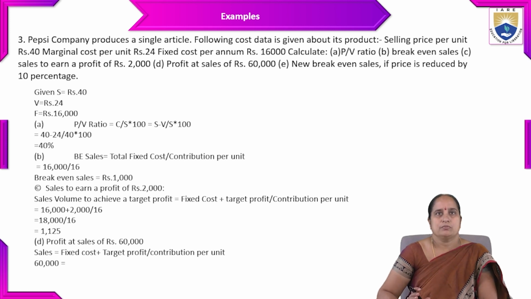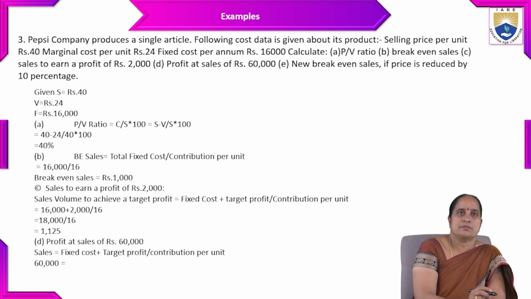So PV ratio we can find out with the help of contribution divided by sales into 100. Contribution per unit is given, 40 rupees per unit, and variable cost is also given, that is 24 rupees. With the help of that we have calculated PV ratio, which is 40%.